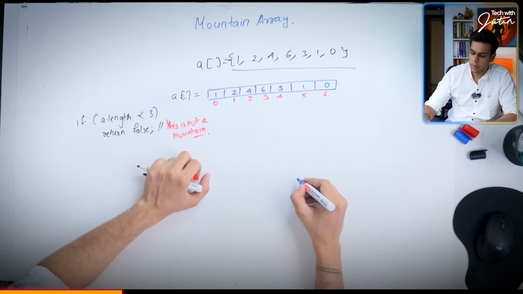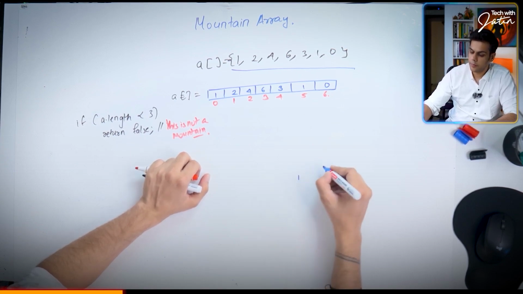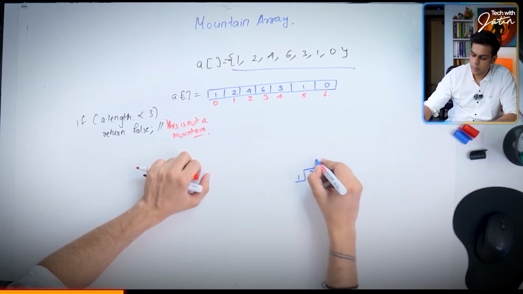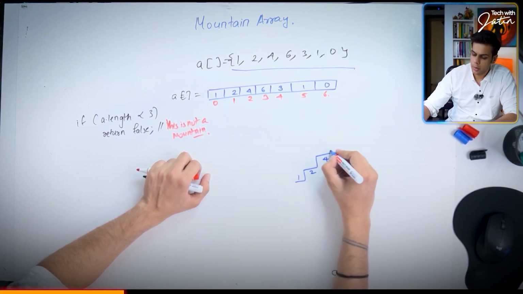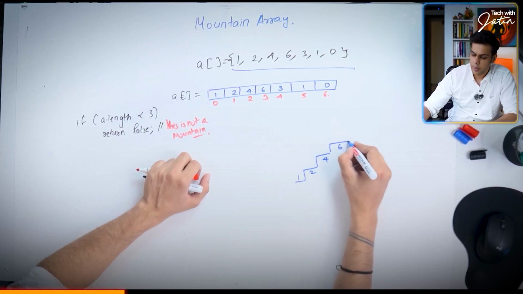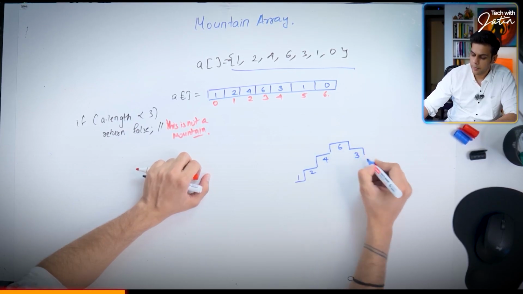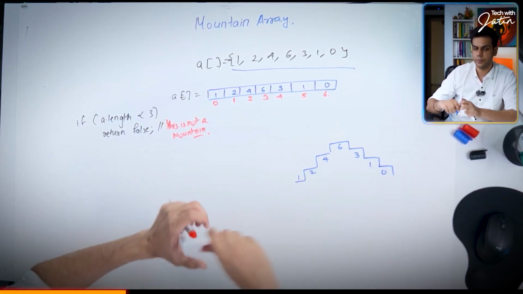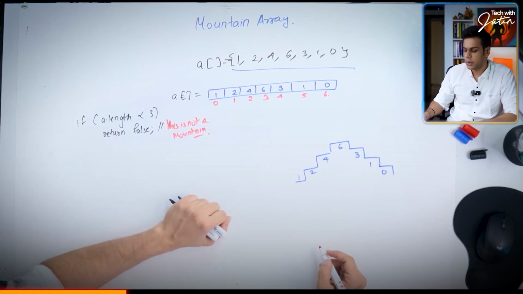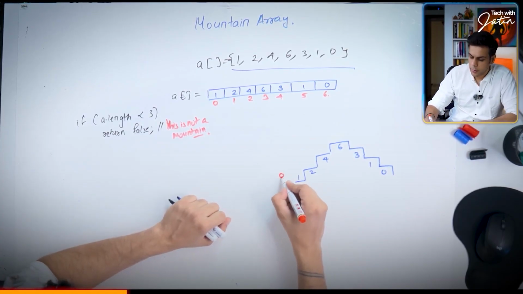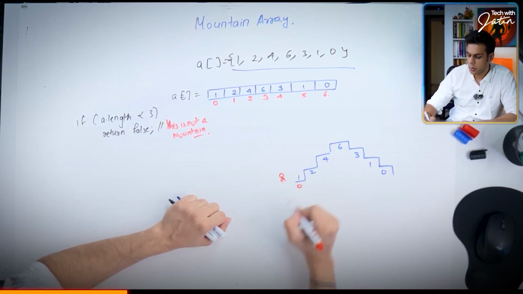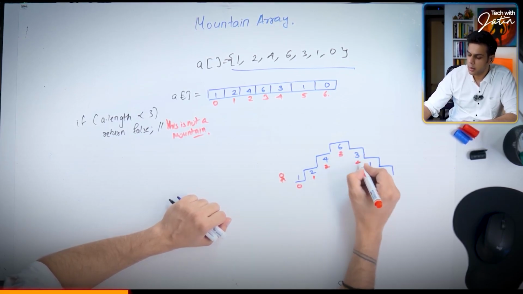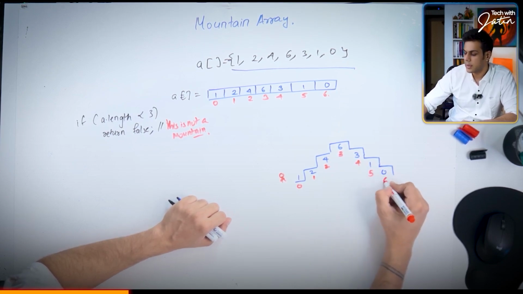Great. Now, what I will start doing, I will start climbing this particular mountain. So let's assume we have the elements like this: 1, then you have 2, then you have 4, then you have 6, then you have 3, then you have 1, then you have 0. This is where I am starting. This is the 0th index, first index, second index, third index, fourth index, 5 index, and 6th index.